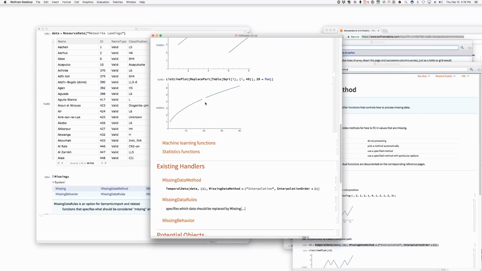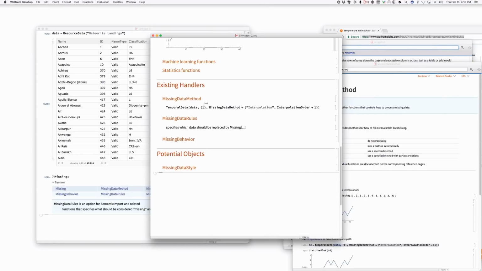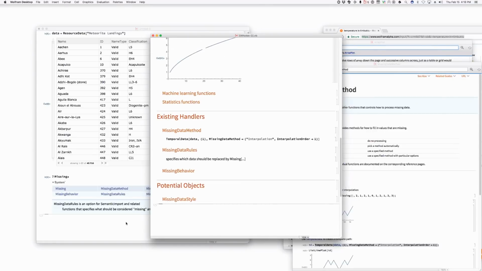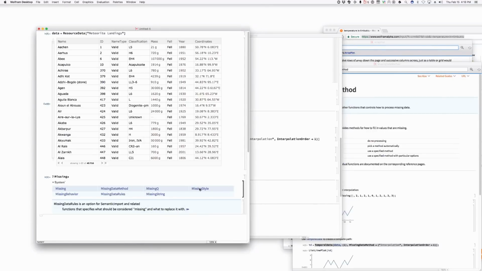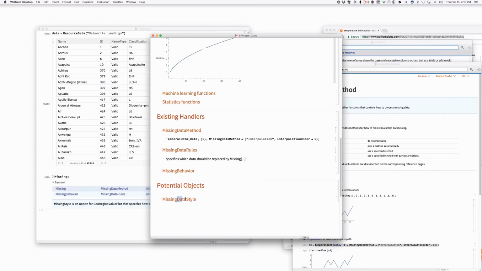And if you look at your question missing star in the other notebook, there's actually MissingStyle, which is used by GeoRegionValuePlot. I don't know why that didn't get pushed back to ArrayPlot. Sigh. That's why we're having a meeting like this. That's so bizarre. That's just totally weird.